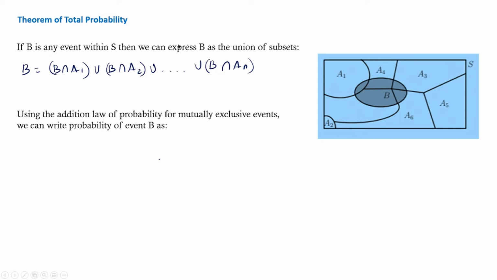So we can express B as the union of the intersections of B and A1, B and A2, B and A3, B and A4, up to B intersection AN.